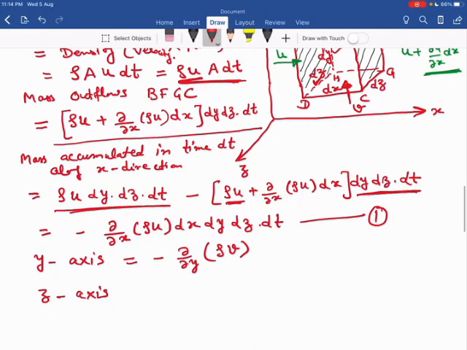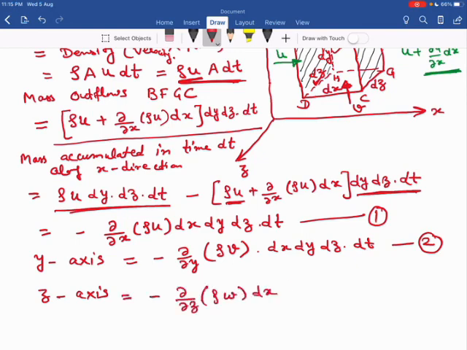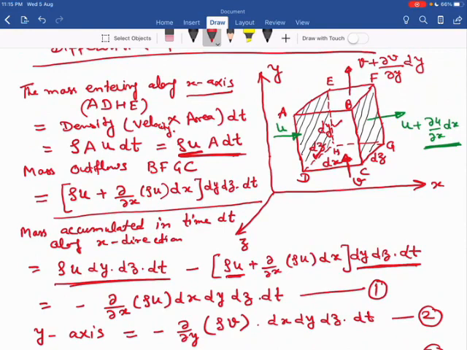So it is minus curly by curly y of rho v into dx dy dz into dt. Equation number 2. Similarly along z axis it is minus curly by curly z of rho w into dx dy dz into dt. Equation number 3. On the back face you have velocity w and on the front face you have velocity w plus curly w by curly z into dz.